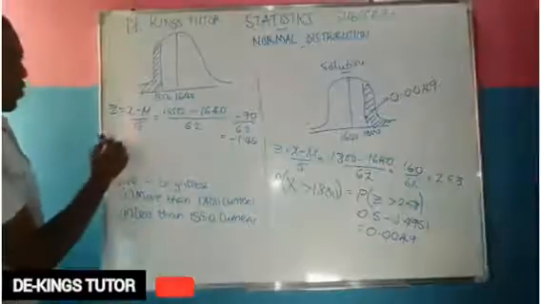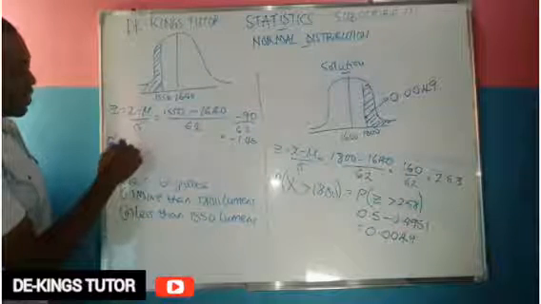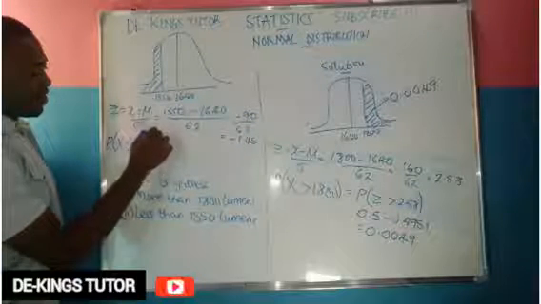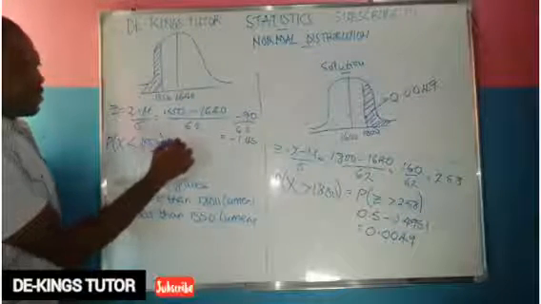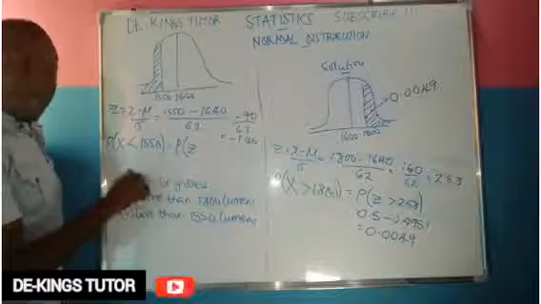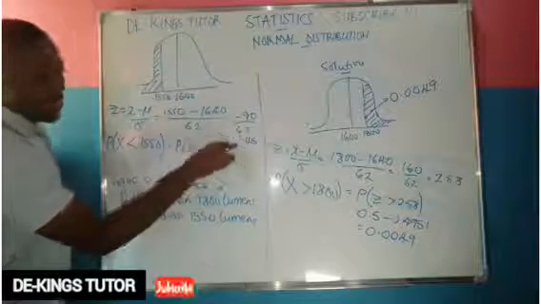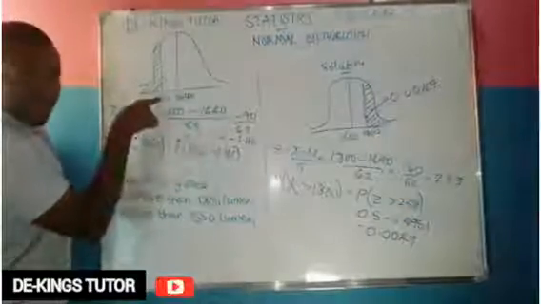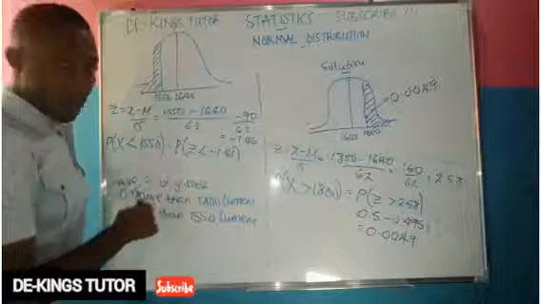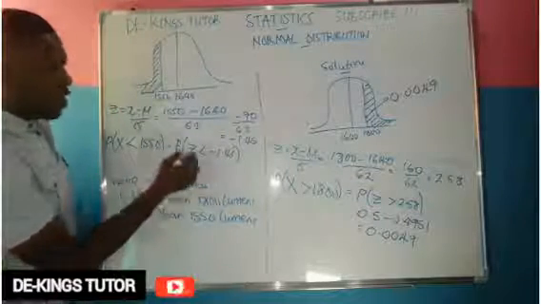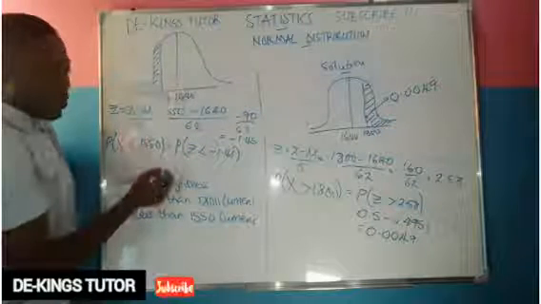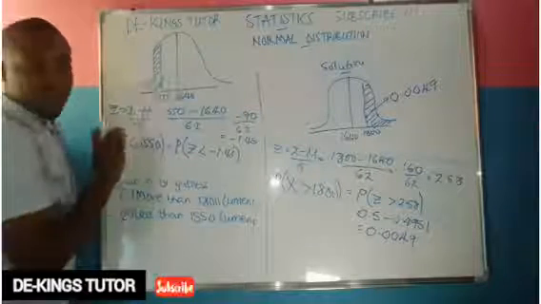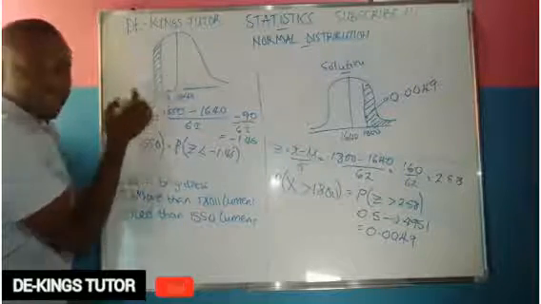So for this now, we'll have our probability of x less than 1,550 is equal to probability of, we are standardizing now, z less than minus 1.45. Remember, I told you the negative should always be at the left hand side. Remember, this part is 0.5. Now we want to know what is this part. It means we have to deduct the area of this part from the whole, which is 0.5.